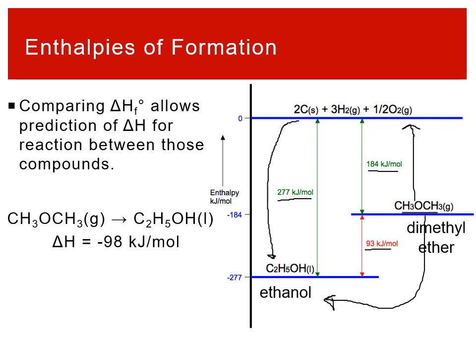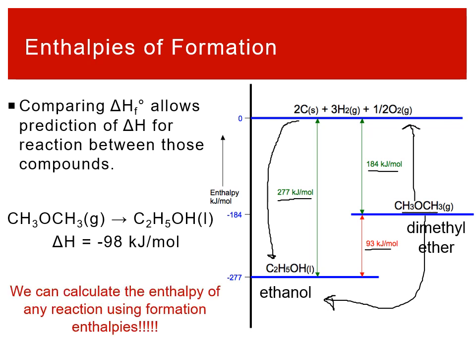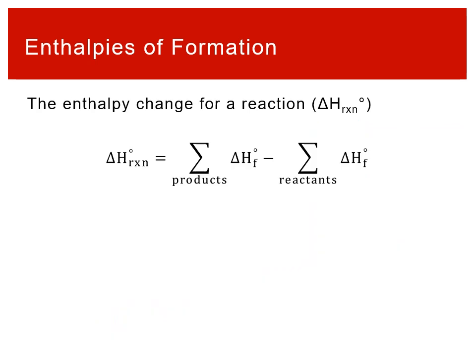And so that's a really useful tool that lets me make predictions about delta H for any reaction with these tabulated delta HFs. That's super powerful. The enthalpy change for any reaction can be predicted. Delta H of reaction is just the sum of the delta HF of all the products, since you're forming those from their elements, minus the delta HF of the reactants.